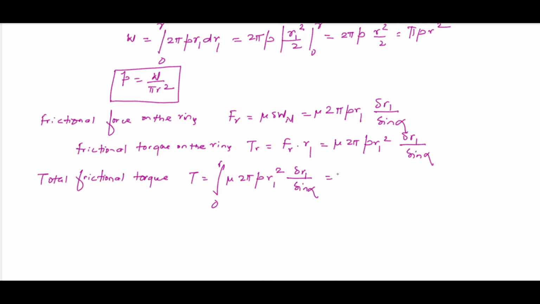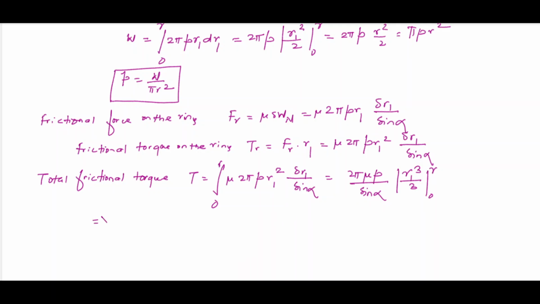So take 2 pi mu p by sin alpha out, and here it will be r1 cube divided by 3 from 0 to r.